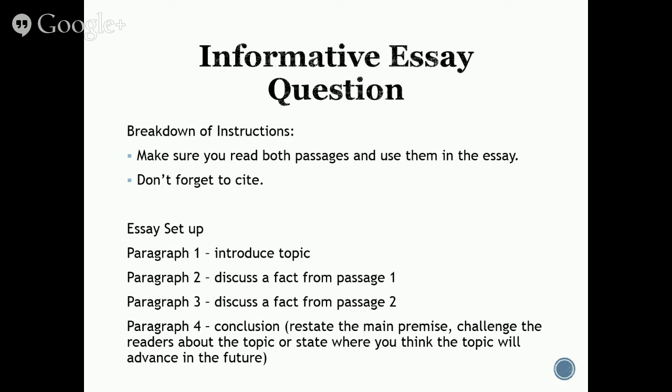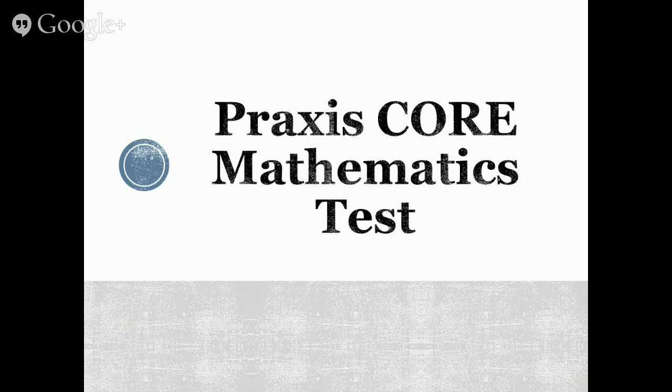Your introductory paragraphs and conclusion paragraphs never have to be that long. 3 sentences is a good size. About 4 to 5 sentences on the rest of the paragraphs is pretty good. So you're not expected to write a huge lengthy essay. You're just conveying ideas. So keep that in mind as you're writing.